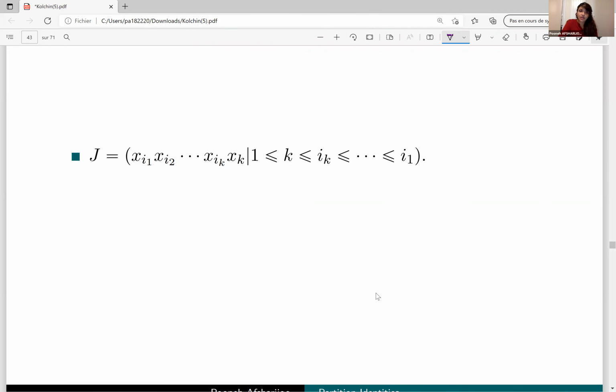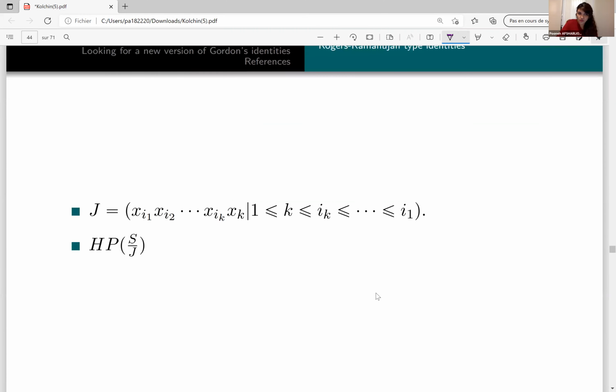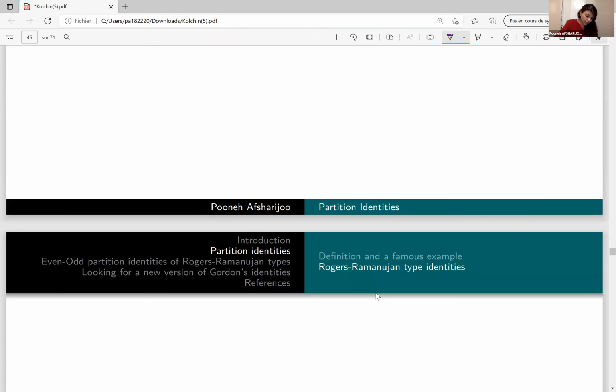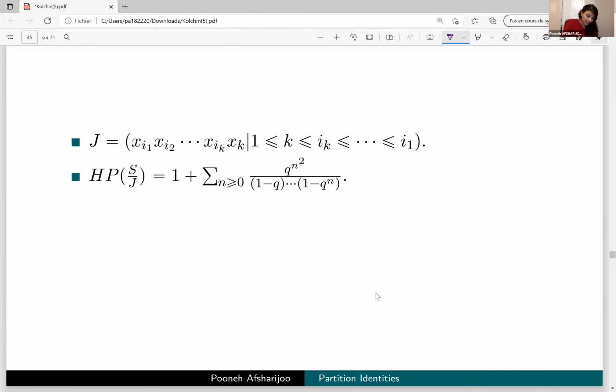And then we computed its Hilbert-Poincaré series directly using Hilbert-Poincaré series properties, and we proved that it is equal to this Q series. But remember that the right-hand side, this Q series, is the generating series of B_{2,2}(n) of the first Rogers-Ramanujan identity.